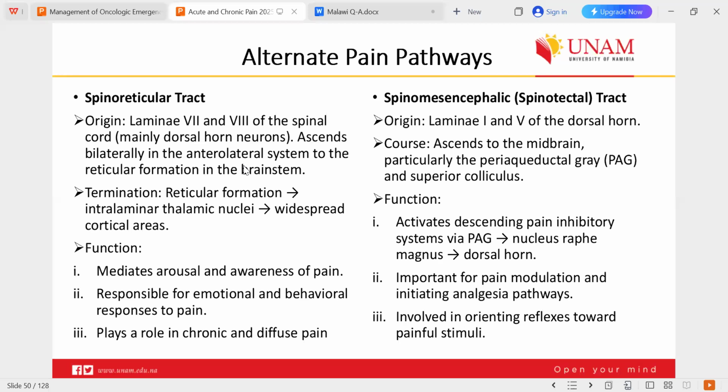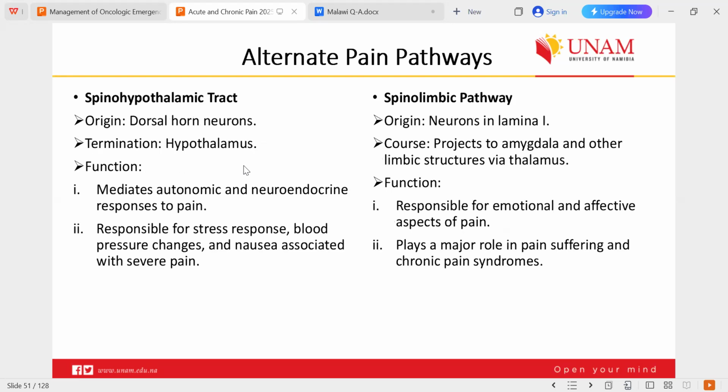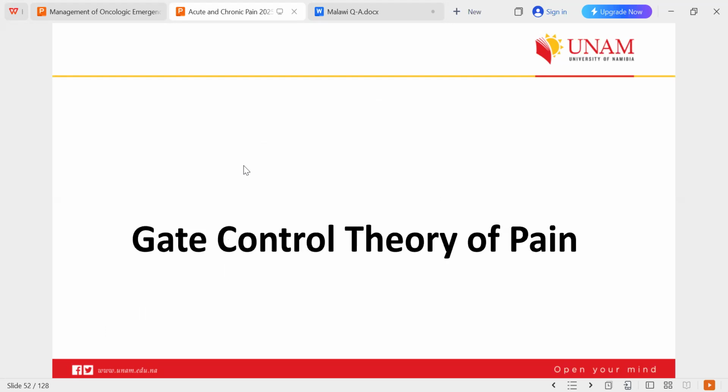You can read that up, but the major pain pathway is the spinothalamic tract, and the others are alternative pathways. What it means is that pain can actually be transmitted through these routes, even though they are not the main ones. Okay. We have the spinohypothalamic and spinolimbic pathways. These are different alternative pain pathways.